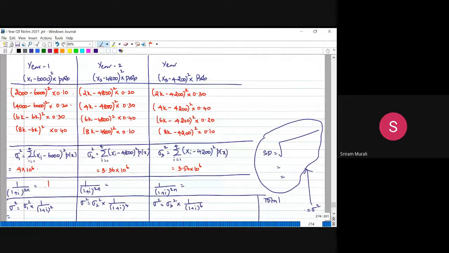That is 1 by 1 plus i, where i is 10%. That is 0.1 the whole power for the first year. It is 0.826, this is for the second year, because when n is equal to 1, n is equal to 2, then n is equal to 3.